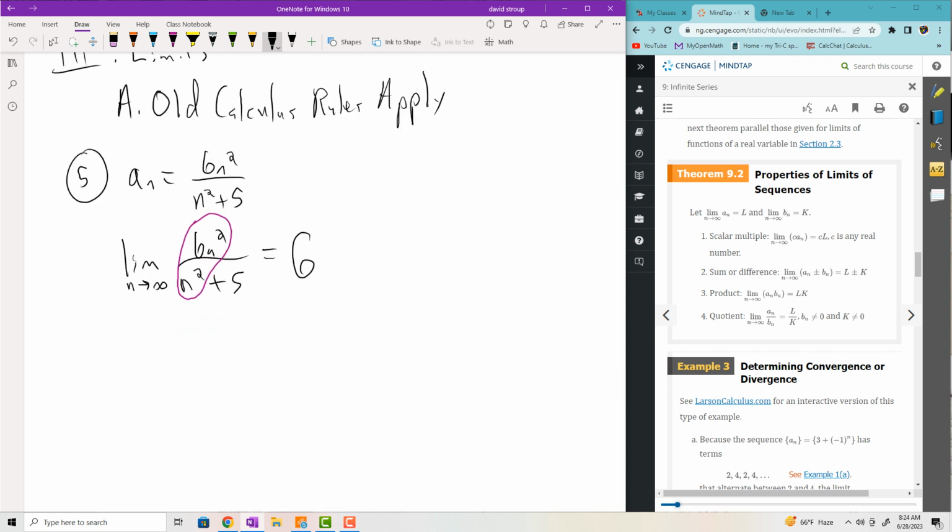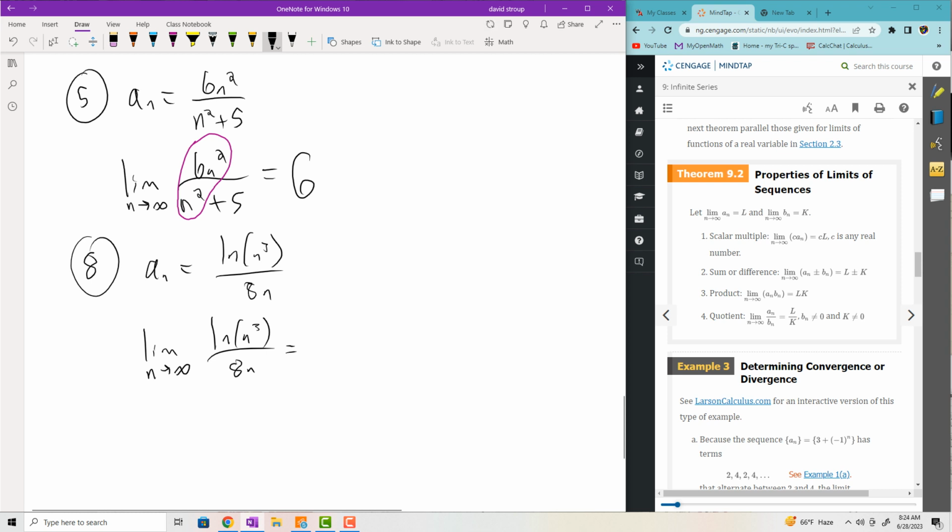What else? Let's look at number 8. The sequence here, a sub n, is ln of n cubed all over 8n. So we take the limit as n goes to infinity of ln of n cubed all over 8n. In our old life, this was an infinity over infinity type limit, so you would do L'Hopital. You could just do L'Hopital here as well.